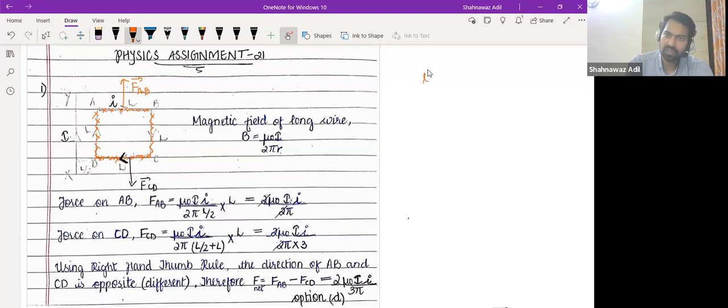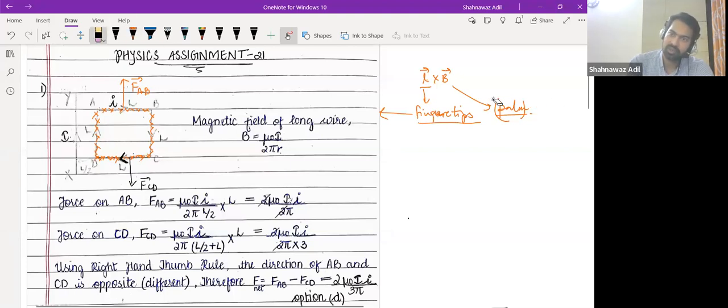So we are calculating L cross B. So L is our fingertips, and this is palm. So this is in the left side, this is downwards, inside.